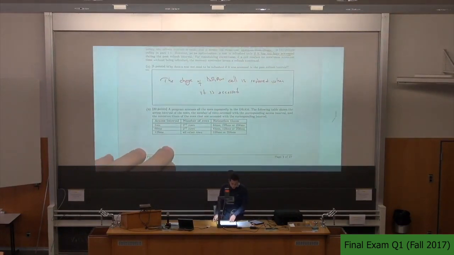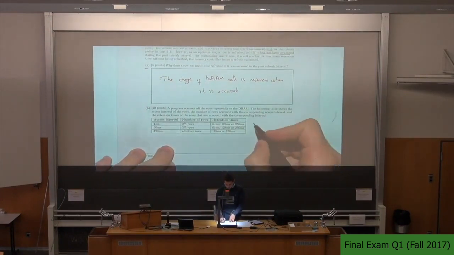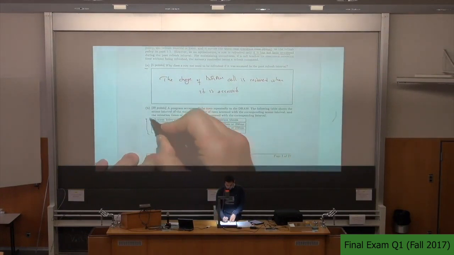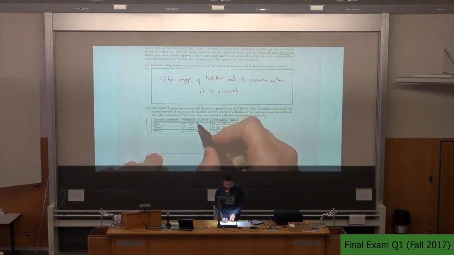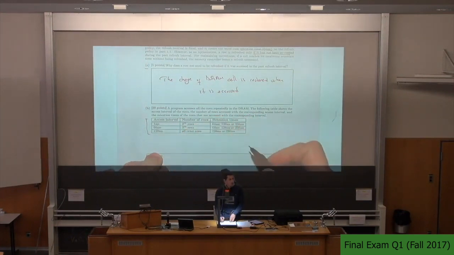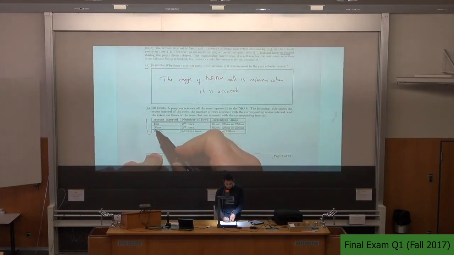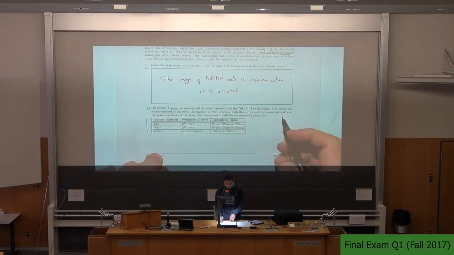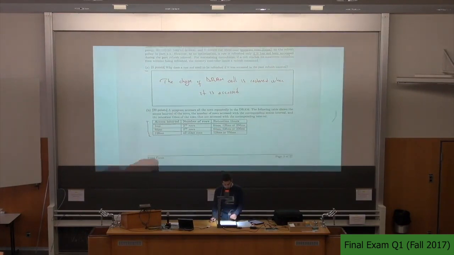For the second one, we are given a program where the program accesses the rows in this fashion. For that many rows, it accesses each 1 millisecond, for that many rows, it accesses each 60 milliseconds, and for the rest of them, it accesses each 128 milliseconds.